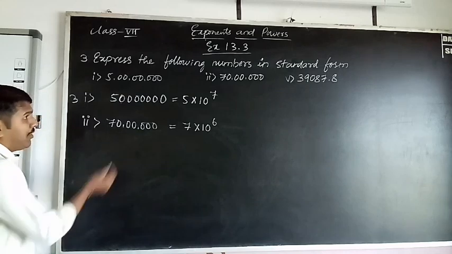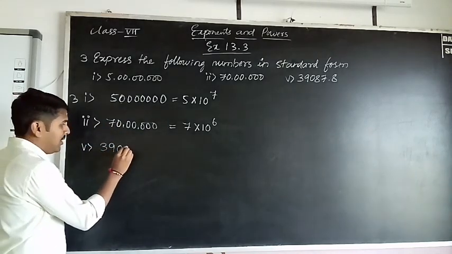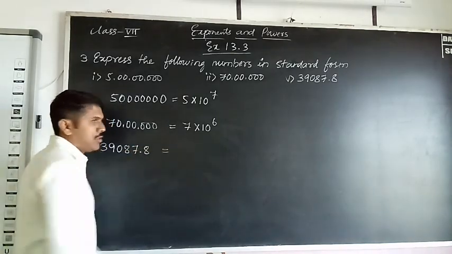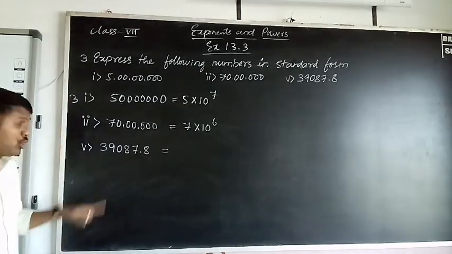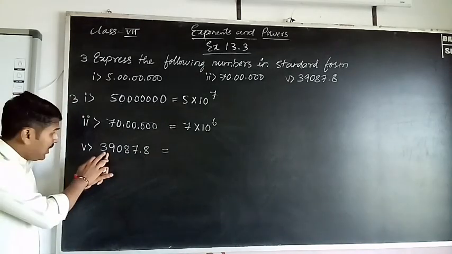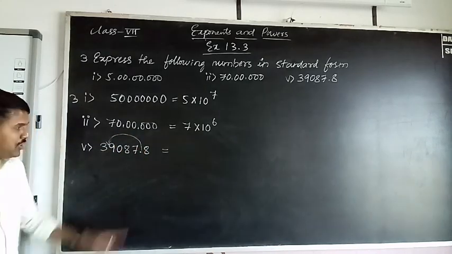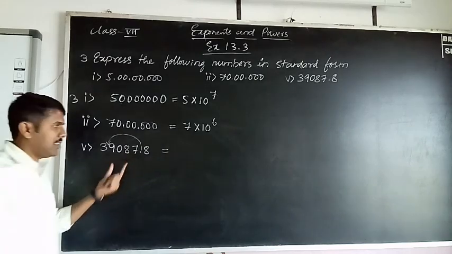So next I have taken the fifth one. 39,087.8. Here the decimal point is already there, but in the standard form the decimal point should come after the first digit, isn't it? So shift it. If you shift it, total how many digits are there? 4 digits, isn't it?